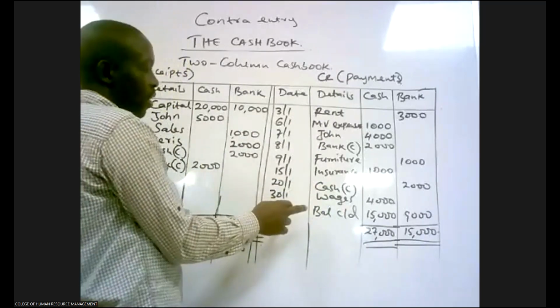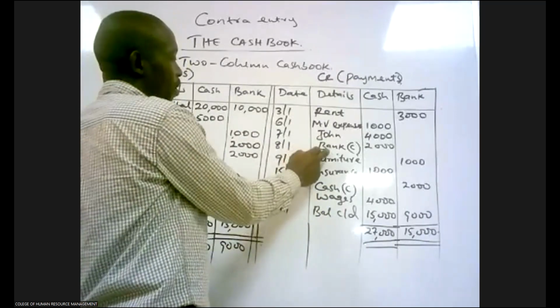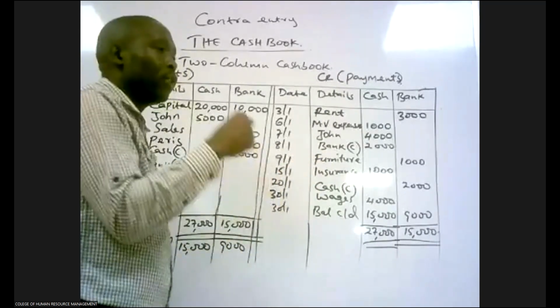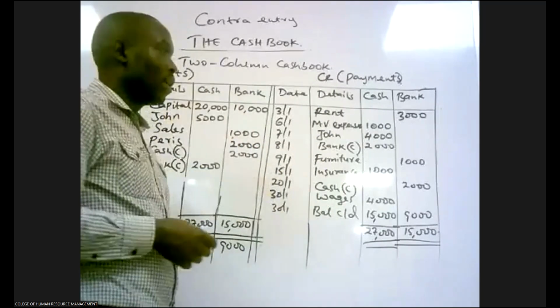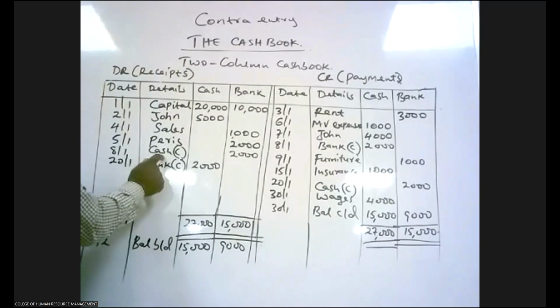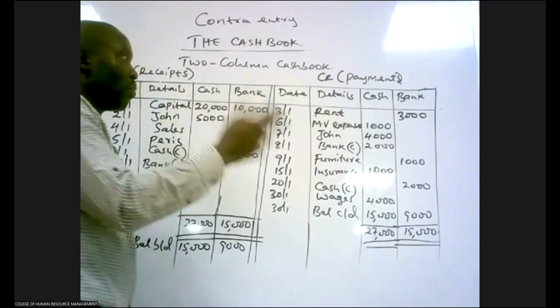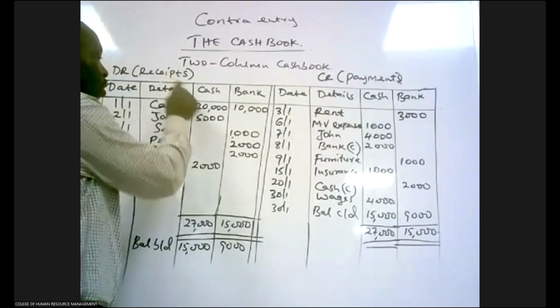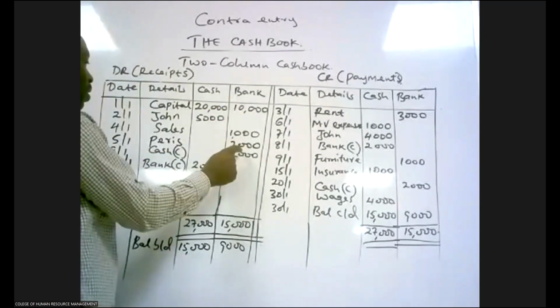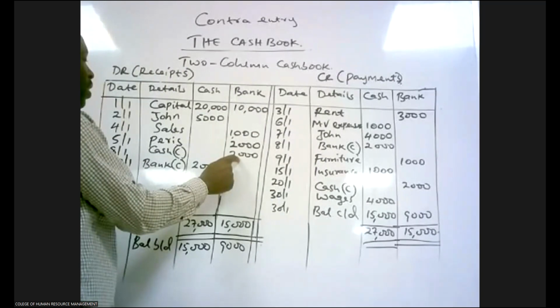If you look at the other one, which is on 8, we took money from cash to bank. So if you are taking cash to bank, on the receipt you receive it in the bank. This 2,000, you receive it in the bank.